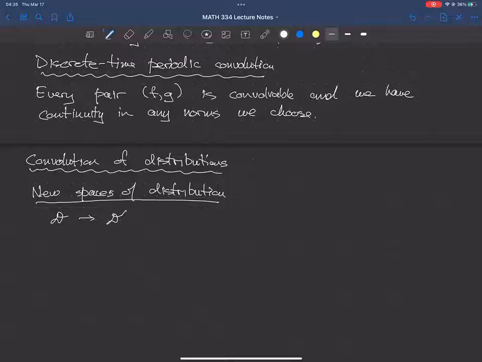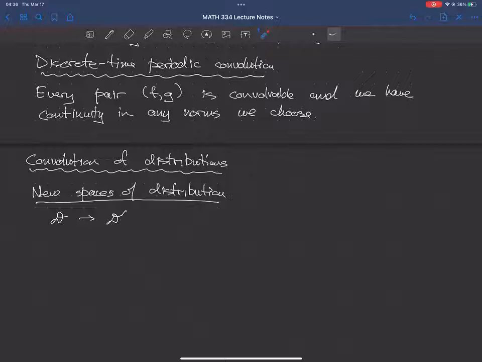It's a very common thing when making use of distribution theory to not just work with D and D prime. Sometimes you want to work with different kinds of test signals, which give you different kinds of distributions, because the way you're using distribution theory makes it either not convenient or maybe even impossible to work with this pair, and you are forced by the problem to introduce new spaces of distributions.